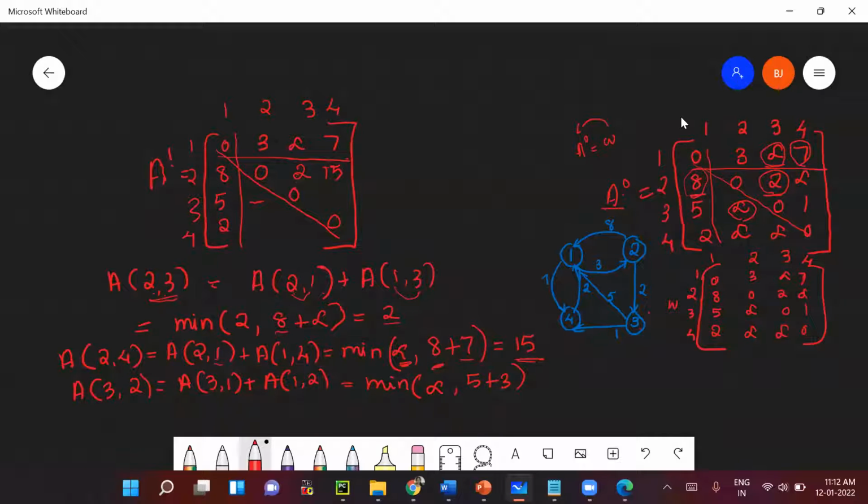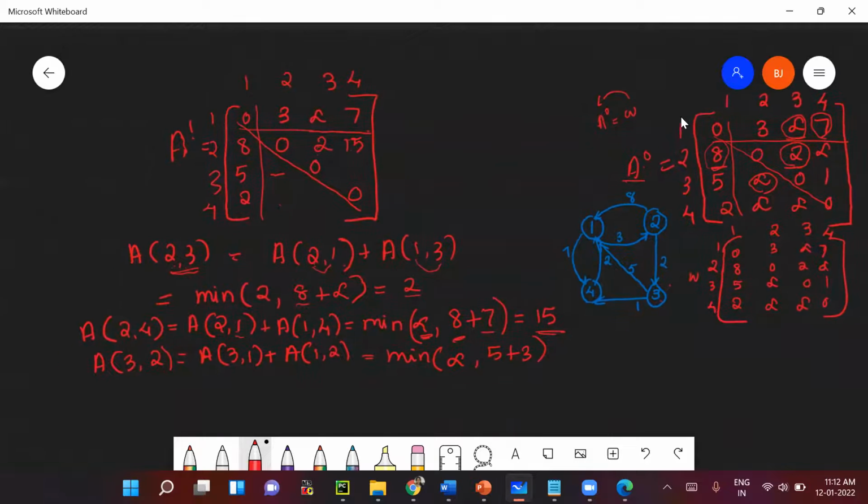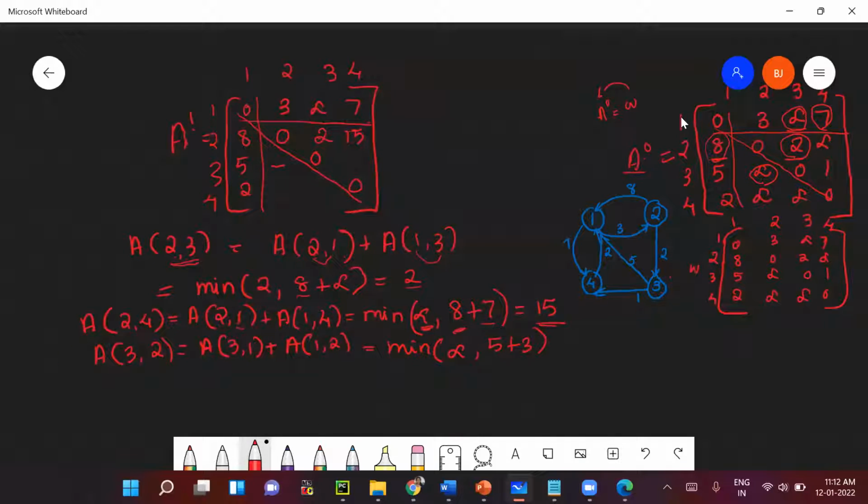So in case you are finding for any pair of vertices a path traveling through vertex 1, then we will be updating that distance. So in this step we will be considering only vertex 1 as intermediate vertex. In the next step we will consider both 1 and 2 as intermediate vertices. Like that we will keep on updating.